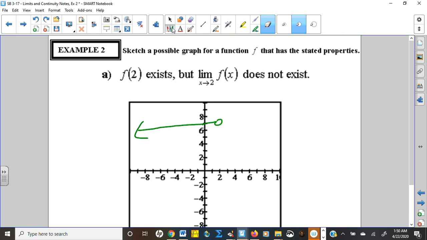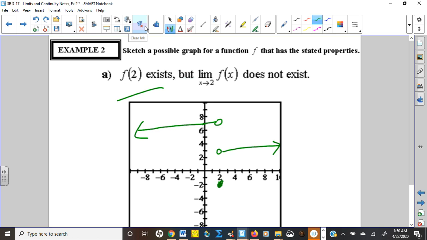You could have both of these be open circles like that, as long as it was defined somewhere else. Now, it does say that f of 2 exists, so you have to put that point somewhere. So as you can see, there's infinitely many different ways this can be done. But the main thing is there has to be a point at 2, and there has to be a jump at 2.